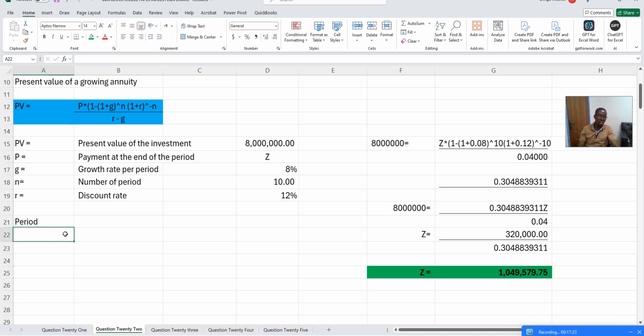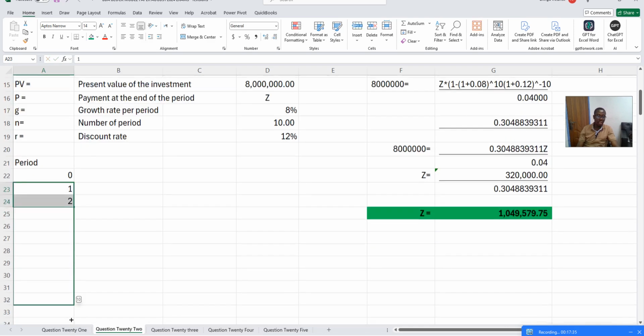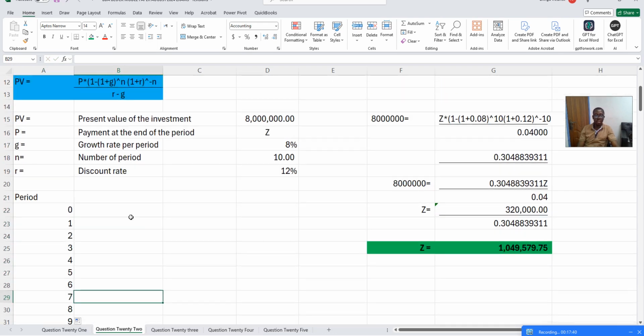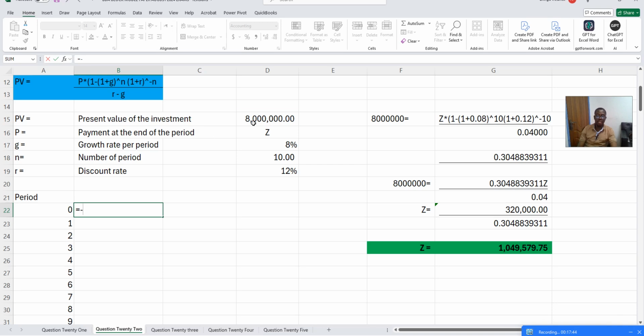Period 0, that is our investment period. 1, 2, all the way to, we are looking at 10 years. So our initial investment is 8 million.